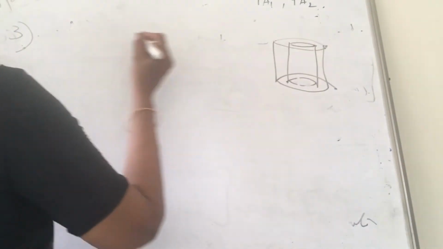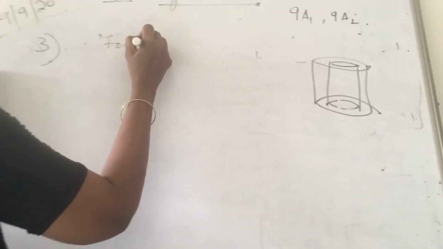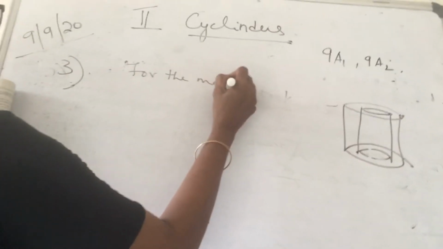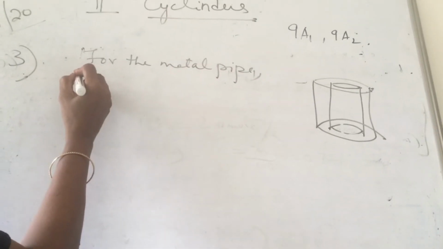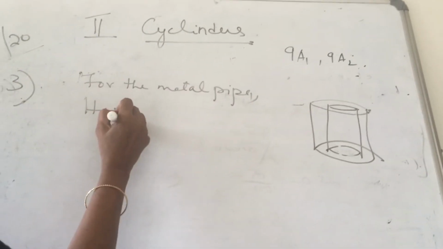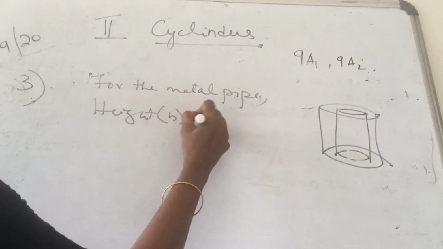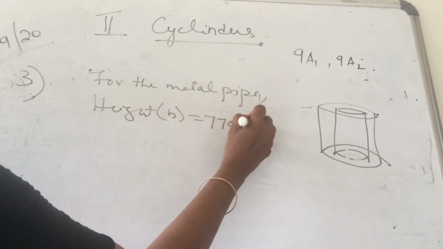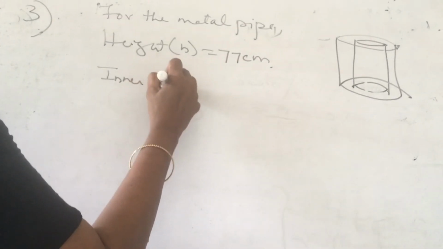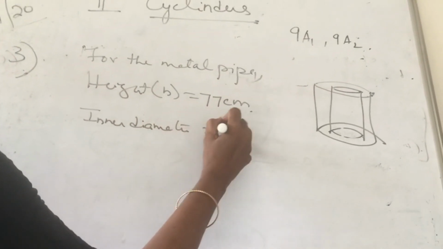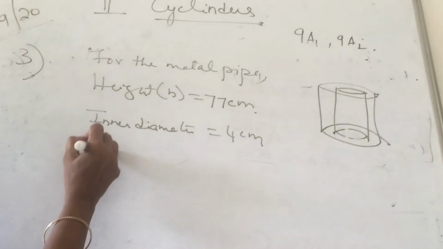Inner diameter for the pipe. For the metal pipe, what are you given, girls? Long. Long means what? Height. Long means height. How much is the height? 77. Inner diameter is how much? 4 centimeters. Inner radius.